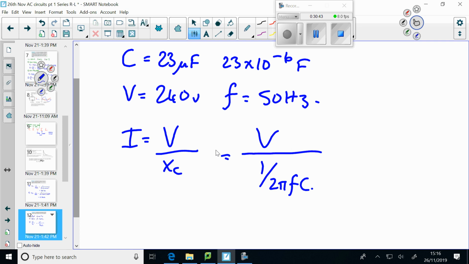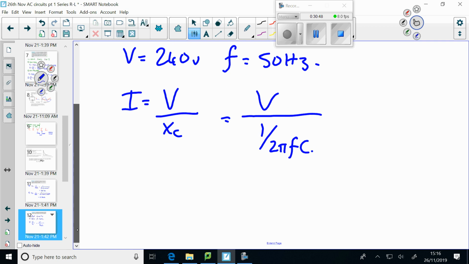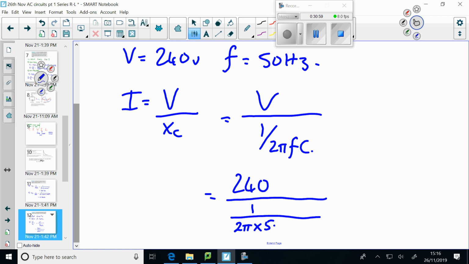That way we don't round that figure and then carry that round into the overall calculation for current. So we've got 240 volts divided by 1 over 2 pi times 50 times C, which is 23 times 10 to the minus 6. And that comes out at 1.73 amps is what you should get.